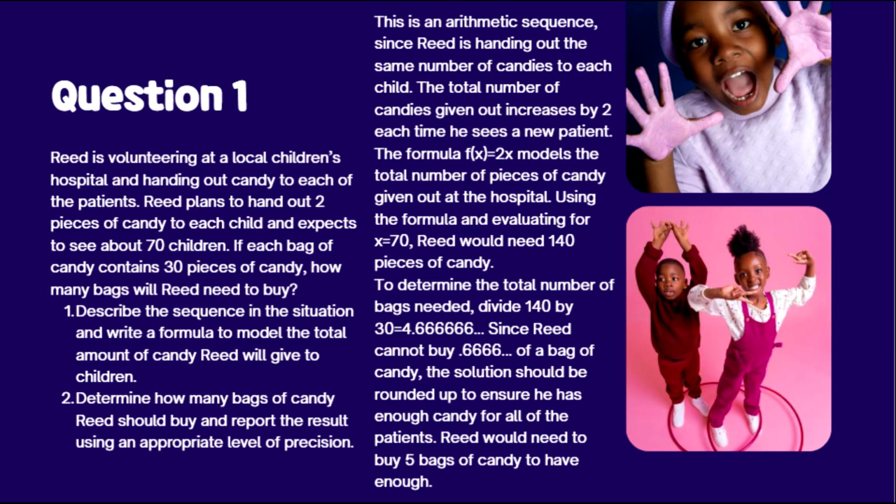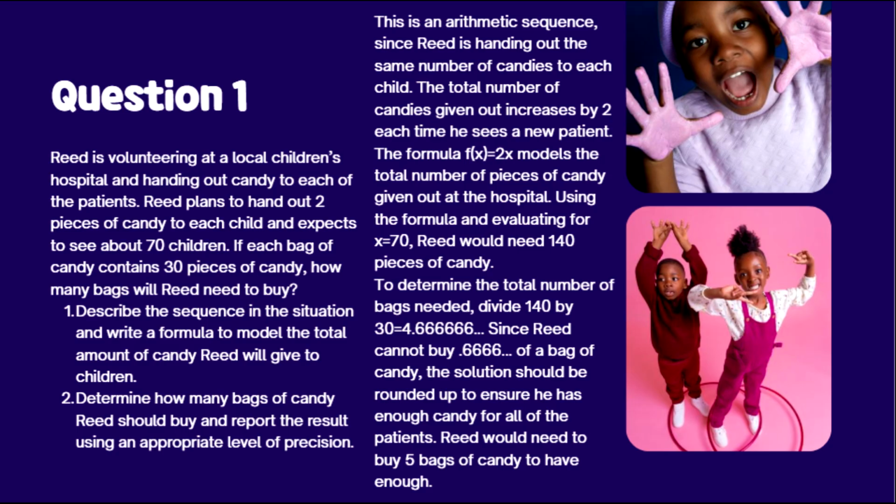To determine the total number of bags needed, divide 140 by 30. That's going to give you 4.66666666. Since Reed cannot buy 0.666666 of a bag of candy, the solution should be rounded up to ensure he has enough candy for all of the patients. Reed would need to buy 5 bags of candy to have enough.